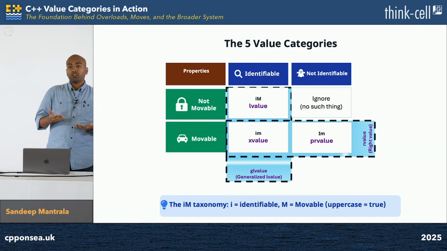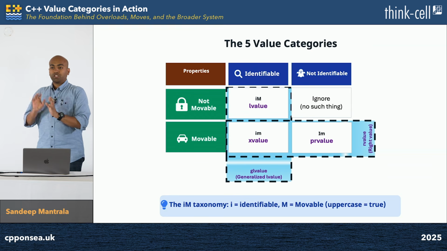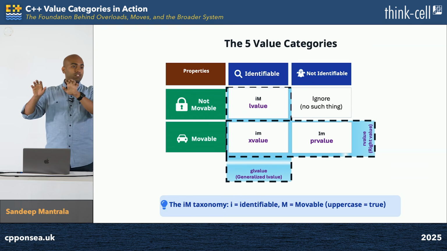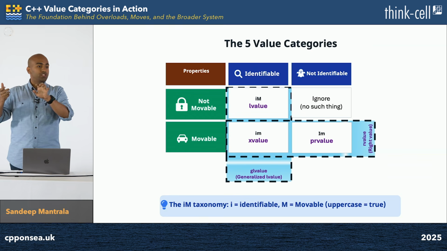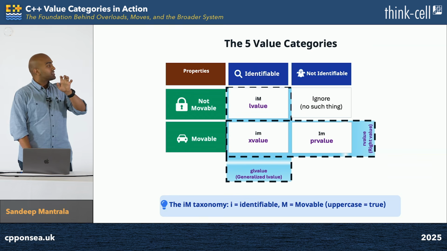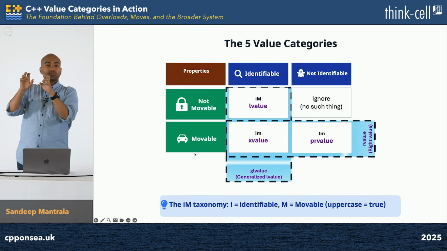And what is an R value? An R value is a temporary, which is soon going to expire, right? In this there are 2 divisions. One is temporaries which were never materialized into objects, so they are going to expire. And second is the kind of objects which have memory, but are also going to expire soon.